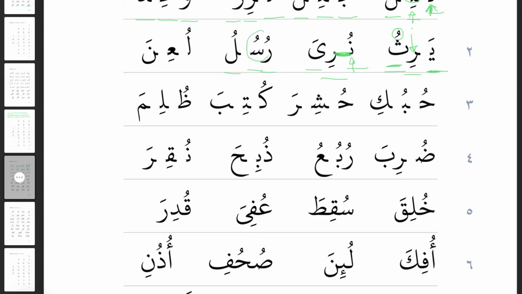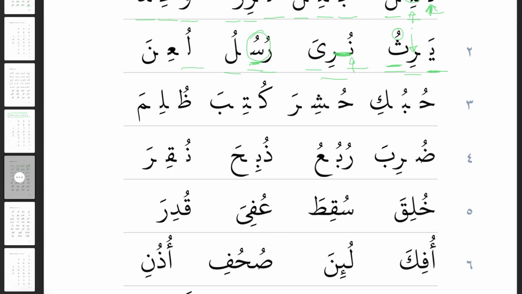Now with the seen here in the middle, just something to point out, if you don't make sure that your tongue at the back of your mouth is nice and flat down in your mouth on the seen, if that tongue starts to rise up, then you'll end up with a su, which will become a sad, and you'll have completely changed the letter. So for a seen, you must keep your tongue flat at the back. Ru, su, lu.